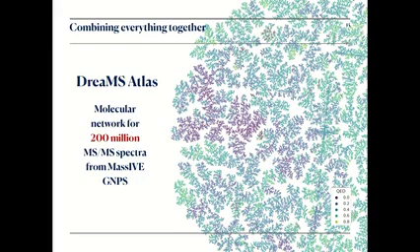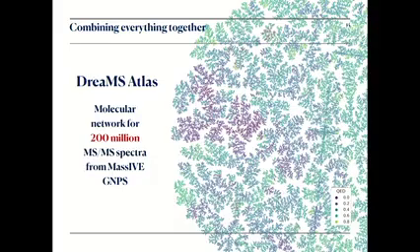And just to summarize everything, we also developed a publicly available resource called DreaMS Atlas, which combines everything I have shown so far. It's a huge molecular network for 200 million MS/MS spectra from MassIVE GNPS, which is constructed purely based on DreaMS.